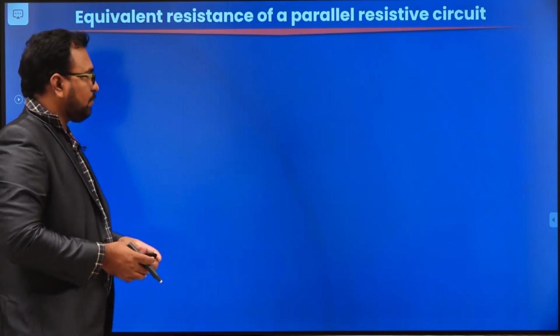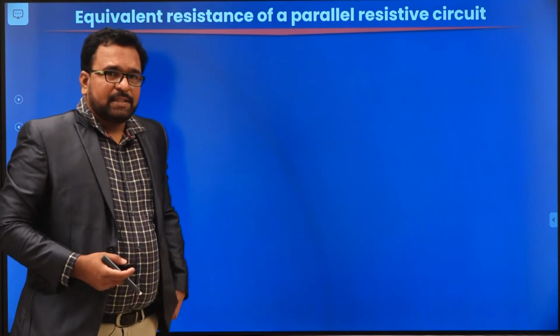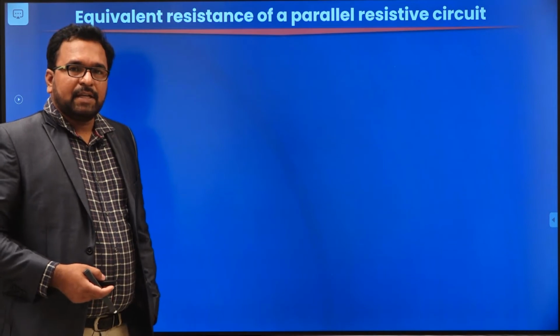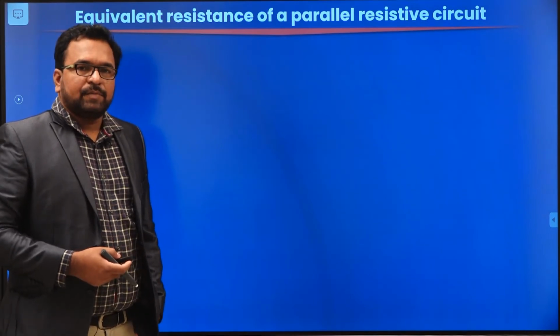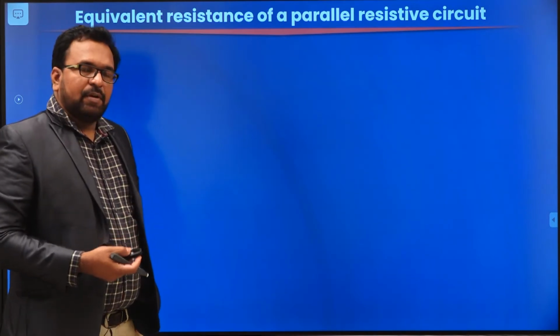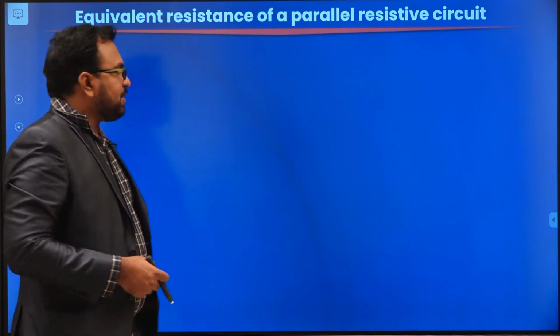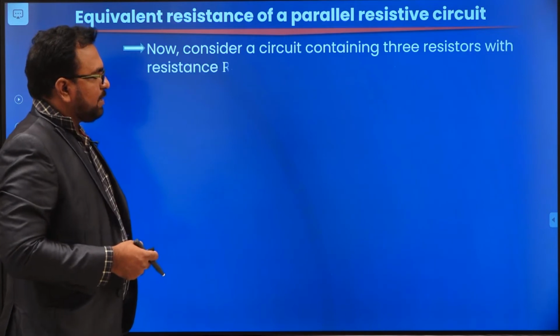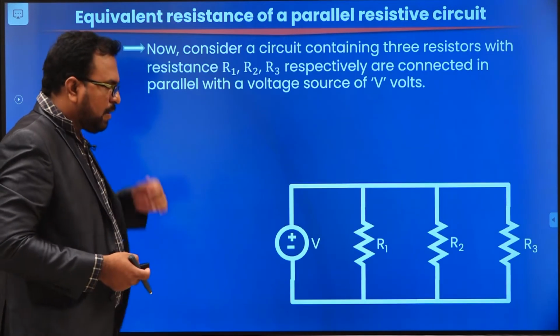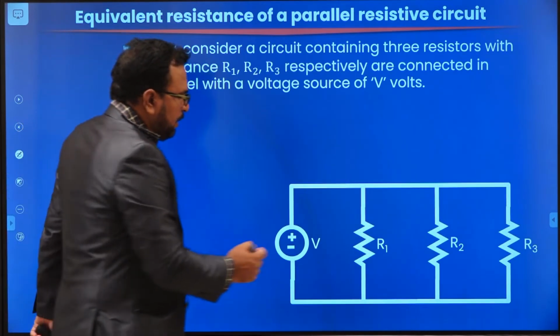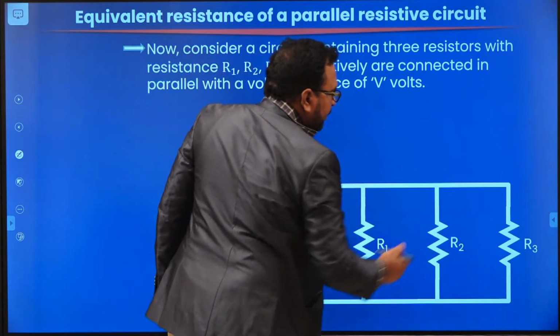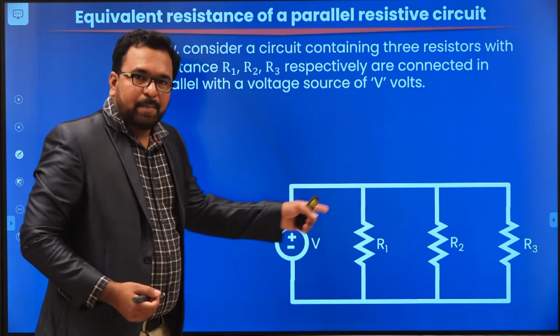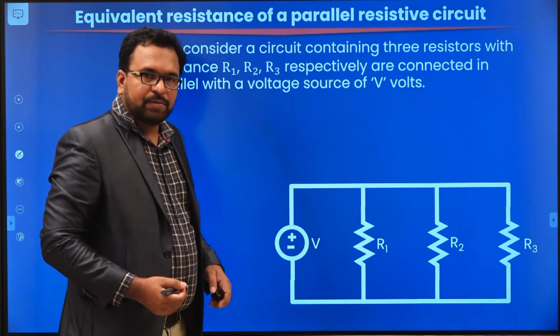Okay. Now let us calculate the equivalent resistance in a parallel resistive circuit. Just like the series resistive circuit, we are going to find the equivalent resistance of a parallel resistive circuit also. Let us consider a resistive circuit like this. Here, three resistors R1, R2, R3 are connected in parallel to the voltage source.